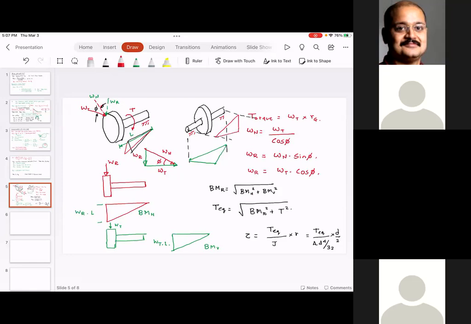These two bending moment diagrams are perpendicular to each other. So there will be BM H and BM V, and then you can use these in the equations, find the resultant bending moment, then the equivalent torque, and then solve the equation. Everyone understood this?